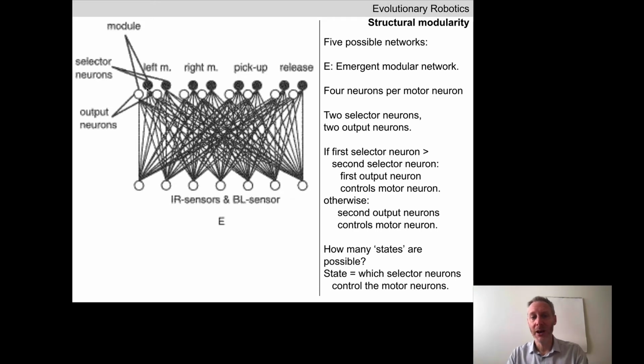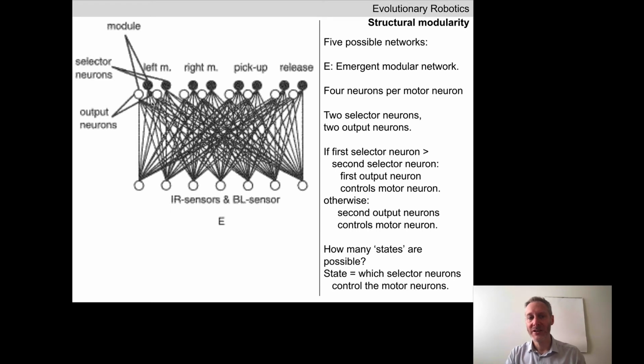And when we look at what's going on in terms of the selector neurons, we notice that at every single time step, while the best robot, the one with the highest fitness, is cleaning up the arena, the value of the left selector neuron is always greater than the value of the right selector neuron. And the same thing in here, this value is always bigger than this value, this value is always bigger than this value, and this value is always bigger than this value.